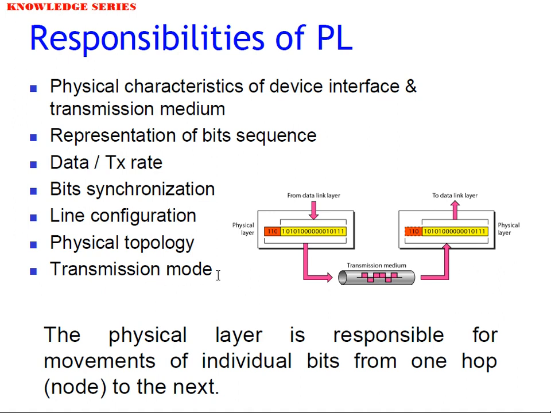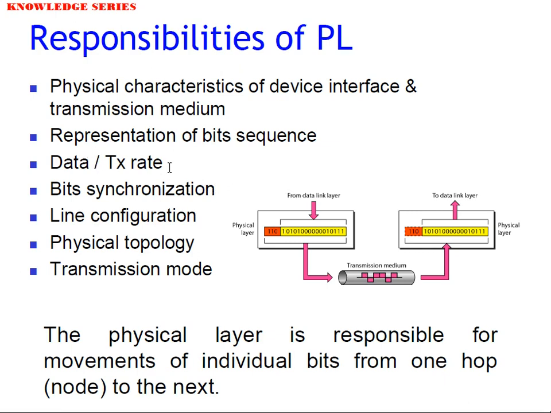Here, when we talk about transmission mode, we not only talk about wireless and wired medium; transmission mode is basically simplex, half duplex and full duplex. When we talk about bit synchronization, it talks about the sending and receiving bits needing to be the same.